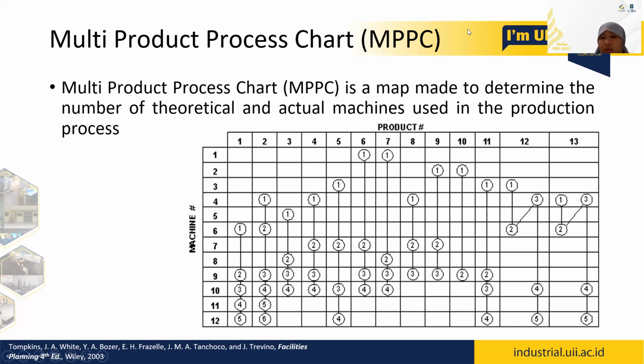So if there is backtracking, like product number 12 and 13, where they are backtracked from machine 6 to machine 4, it's shown also in this MPPC. The number here indicates the process sequence. So it means machine 1, product 1 goes to machine 6, and then 9, 10, 11, and 12, and so on and so on.